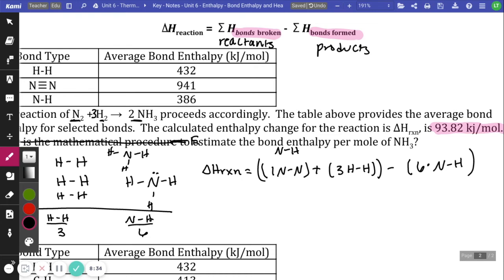So now we can go ahead and plug in our data values. Our delta H of our reaction from our problem is 93.82 kilojoules per mole.